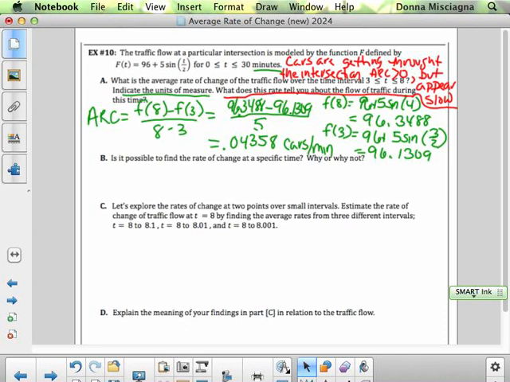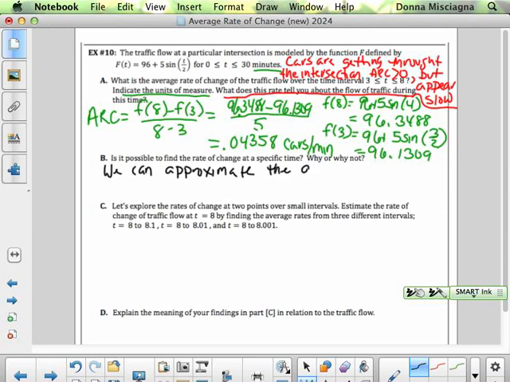Is it possible to find the rate of change at a specific time? Well, using average rate of change, using the tools for pre-calculus, sort of. All right, so we can approximate the rate of change.